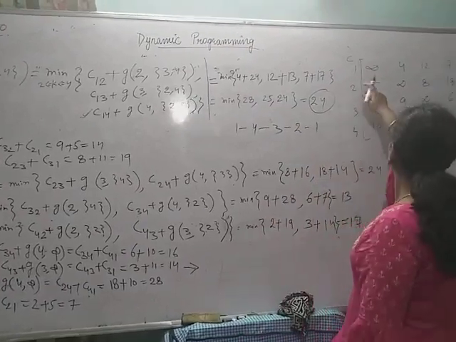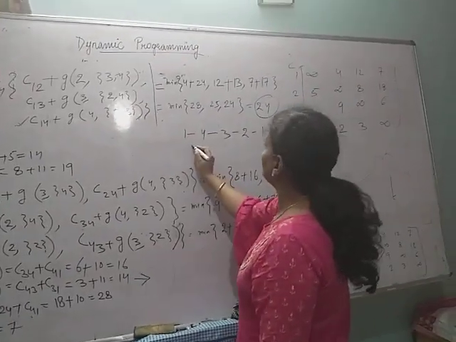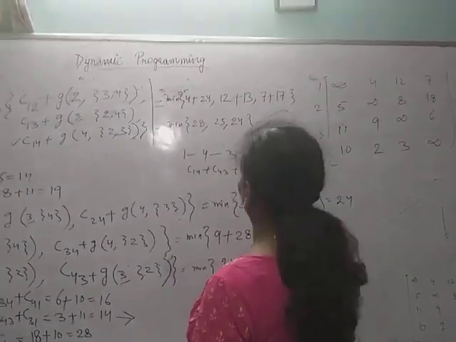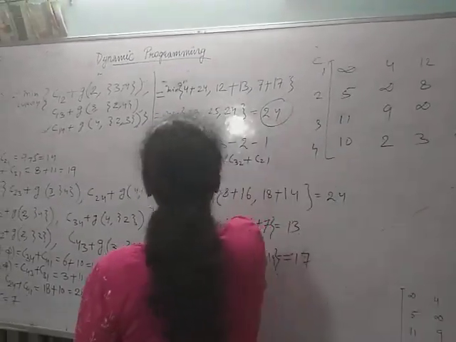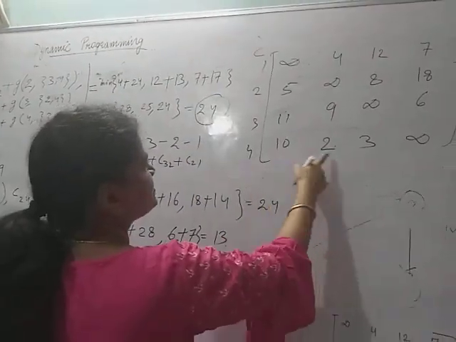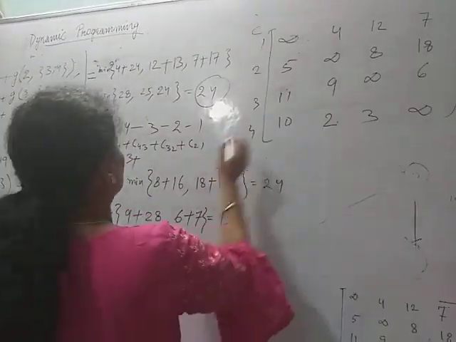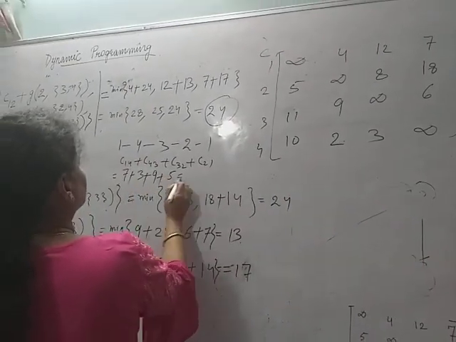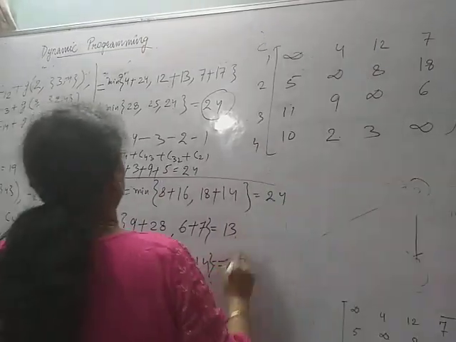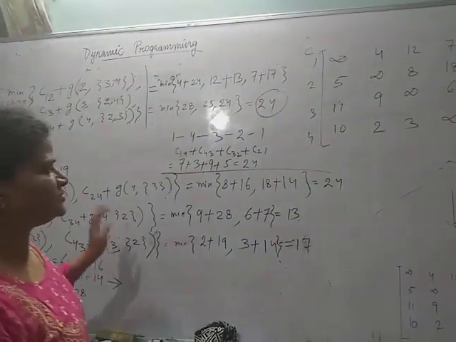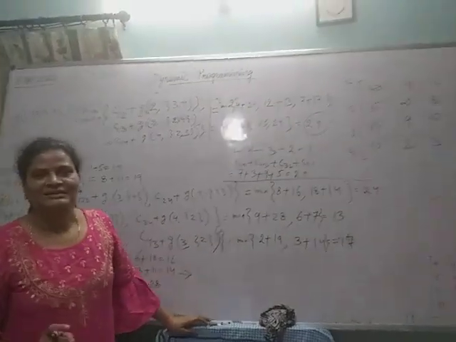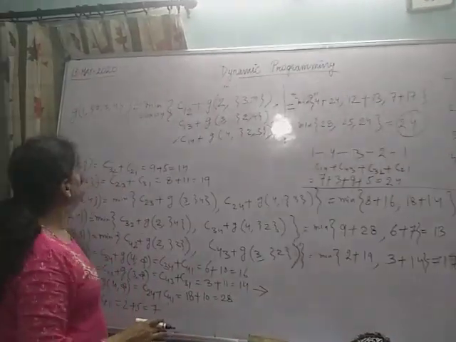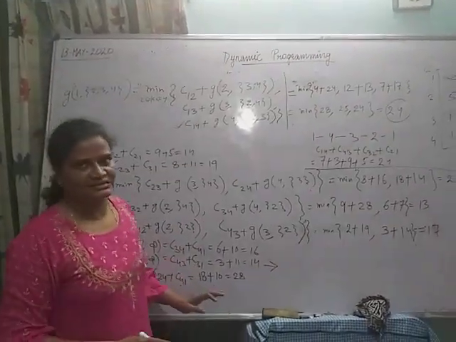So 1 to 4, see in the original matrix the cost is C14 plus C43 plus C32 plus C21. तो क्या आ जाएगा? 14 की कॉस्ट क्या है 7 प्लस 43 की कॉस्ट क्या है 3 प्लस C32 दैट इज 9 प्लस C21 5. ठीक है. सो दैट इज 24: 7, 3, 10, 19 और 5, 24. So this is the way to solve the traveling salesman problem using dynamic programming by taking the recurrence relation. Okay, thank you.